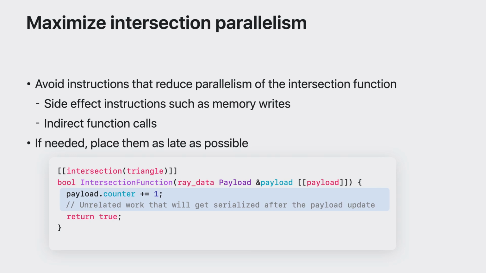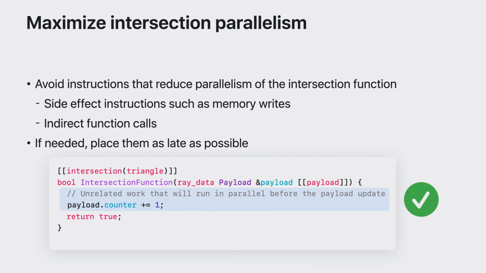In this example, ray payload is updated first, and then some work unrelated to the payload update is performed. This will cause all the code after payload update to be run serially. Instead, you can modify the intersection function to have all the work unrelated to the payload update to be done first, and then update the payload. This will maximize the intersection function parallelism.